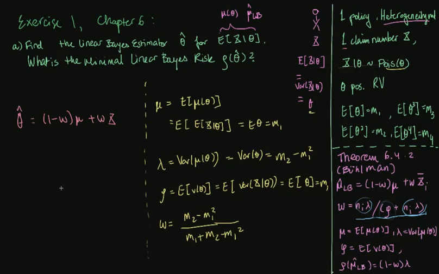And now we can write up the expression here, which is, I should probably change a color, equal to 1 minus m2 minus m1 squared divided by m1 plus m2 minus m1 squared, multiplied by m1.